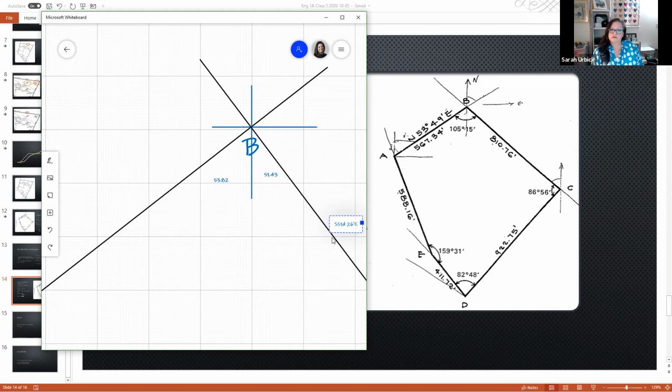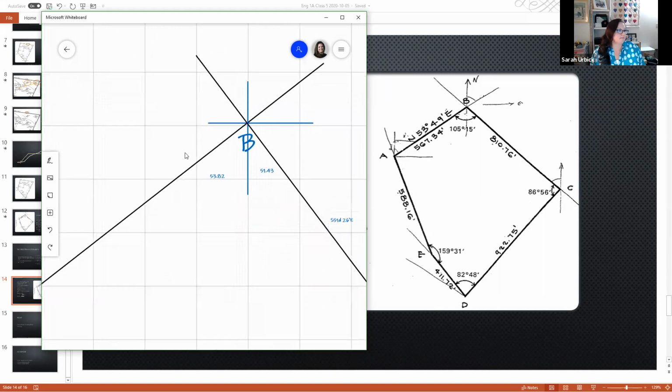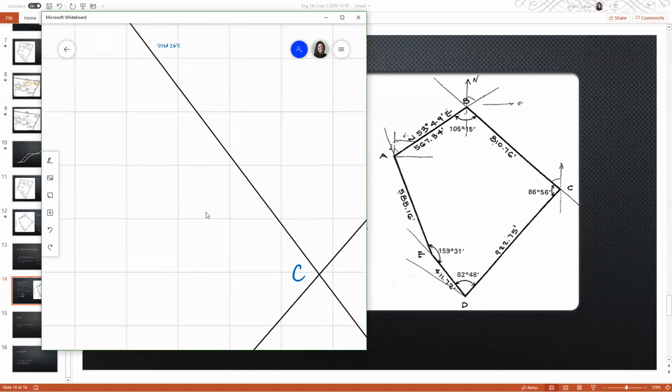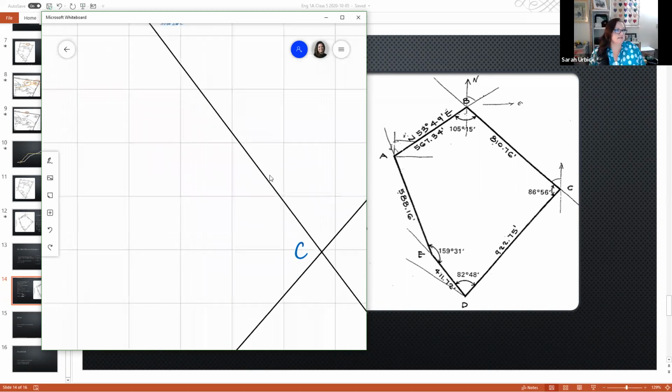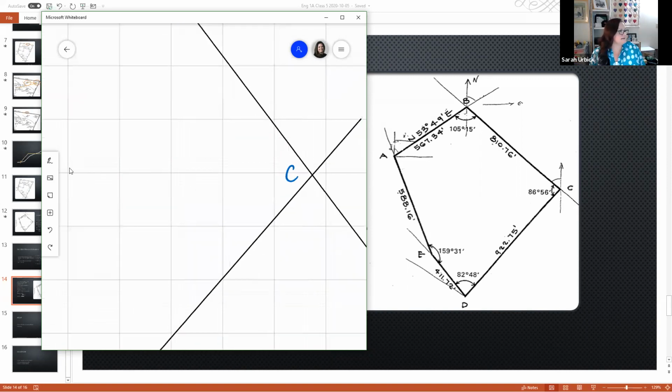If you want me to repeat any part of this, we'll back it up. All right. For the time being, we'll keep moving forward. So now we have this angle. We have this bearing on this line. We can move on to C. So the bearing for line C to D, we're going to do the exact same thing that we've been doing.